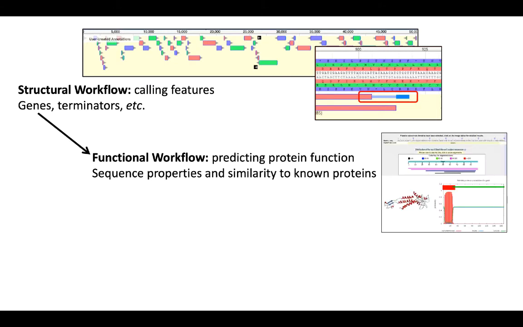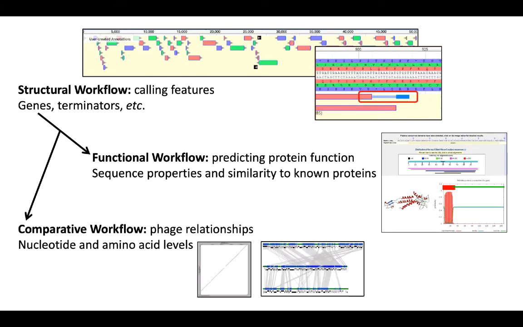That is followed by the functional workflow, where protein function is predicted using both sequence properties as well as similarity to known proteins through familiar tools including BLAST and other conserved domain predictors. And in parallel, we do comparative phage genomics in the comparative workflow to look at relationships with other known phages at both the nucleotide and amino acid levels.